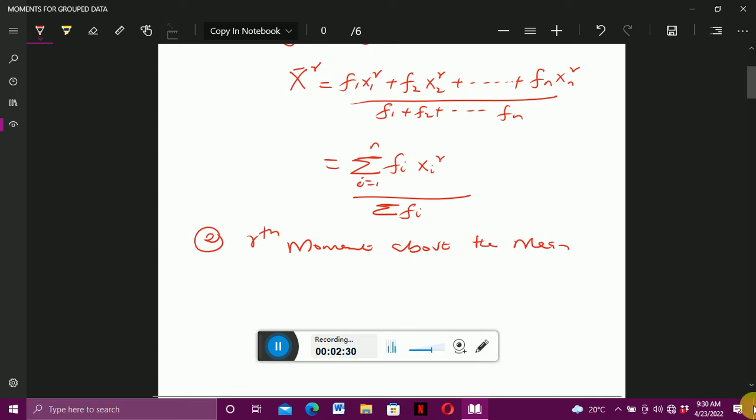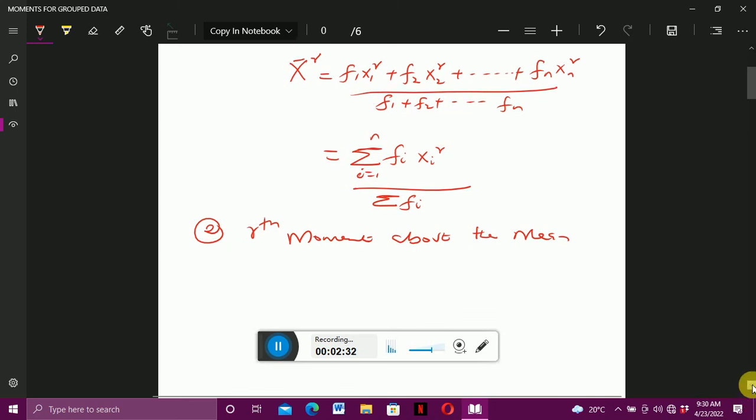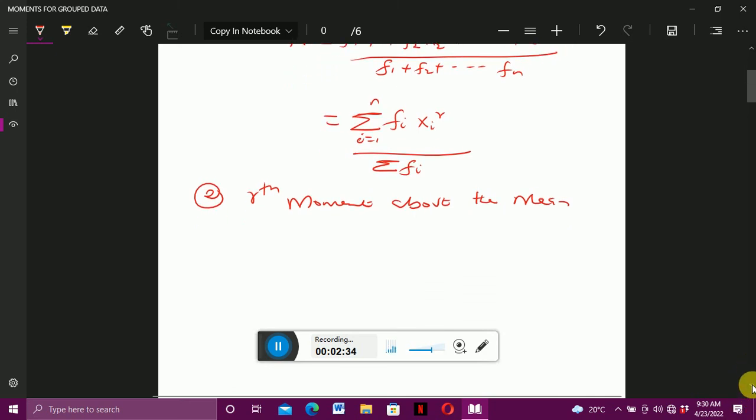And the rth moment about the mean is given by mu r is equal to the sum from i equal to 1 to n of fi times xi minus x bar, all this raised to power r, and we divide this by sum of fi's.